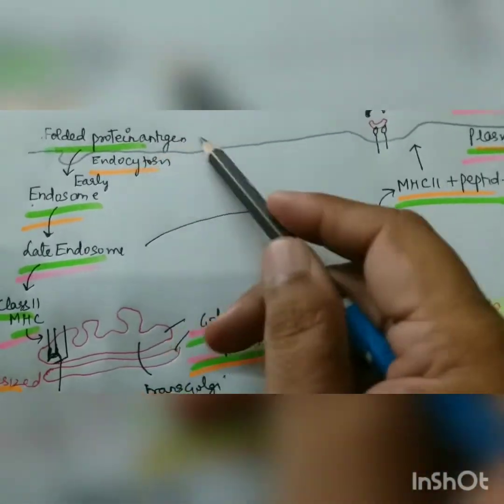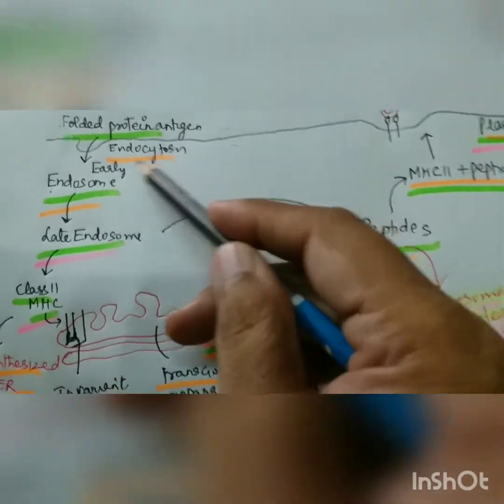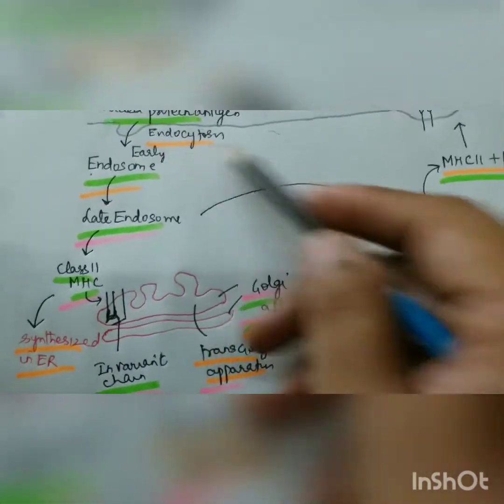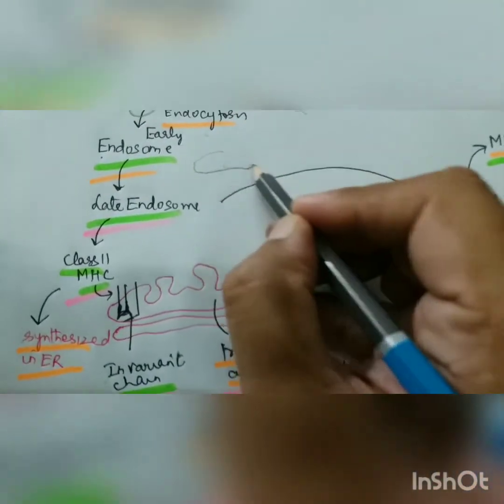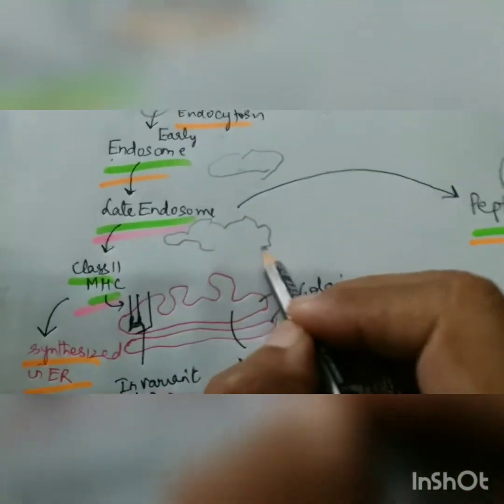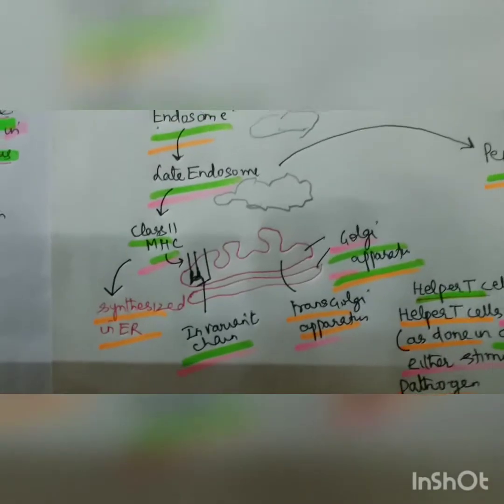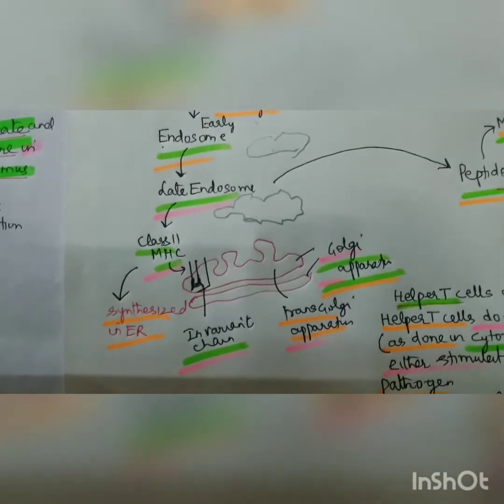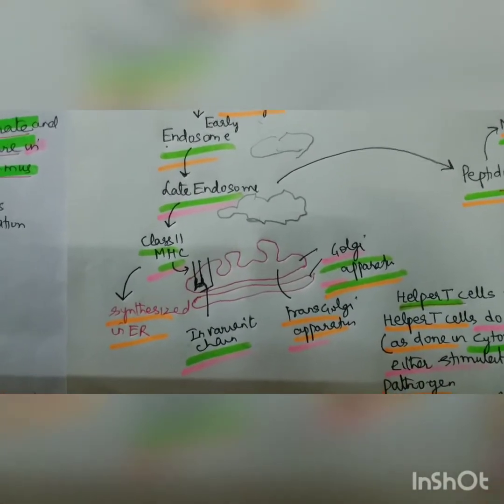It undergoes plasma membrane endocytosis, and it is taken up by the early endosome. Early endosome is a simple structure like this, right? Whereas the late endosome is wavy, rough and not smooth, and irregular in shape.